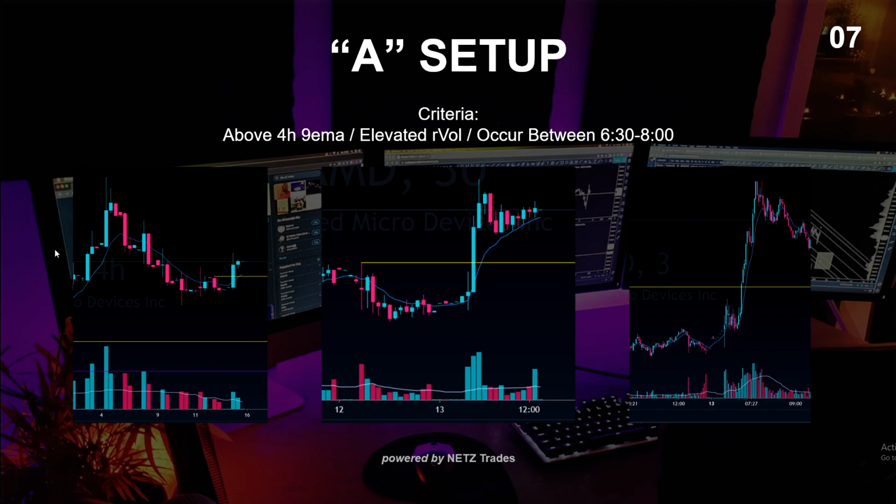So the first thing I look for is the chart has to be in an uptrend. So basically anything above the 90 EMA on the 4-hour, I would classify that as being in an uptrend or starting an uptrend, as it is here, a reversal.